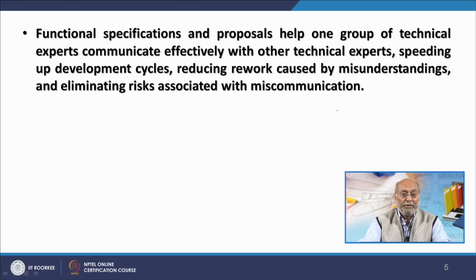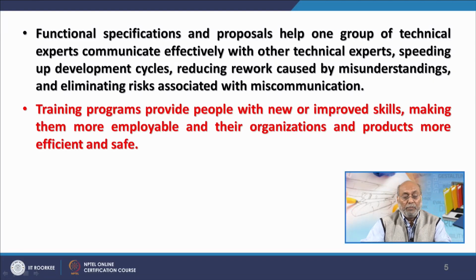Reducing rework caused by misunderstanding: bad communication may create misunderstanding and then you have to correct it, which will waste your time and impression also. And finally, eliminating risk associated with miscommunication. So better communication will not cost much in terms of time and also money.